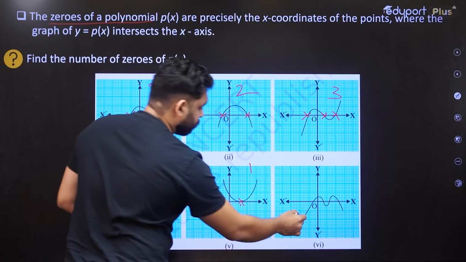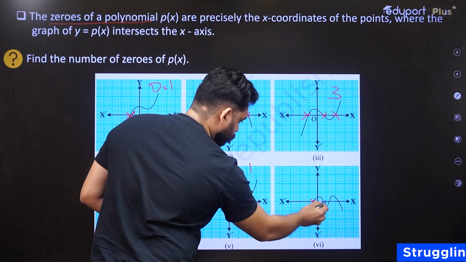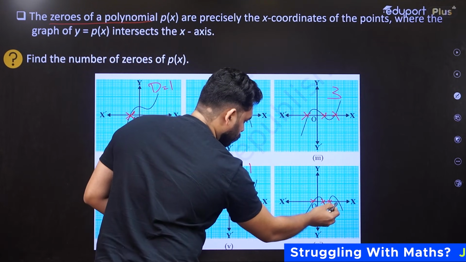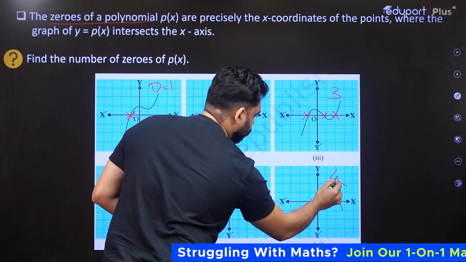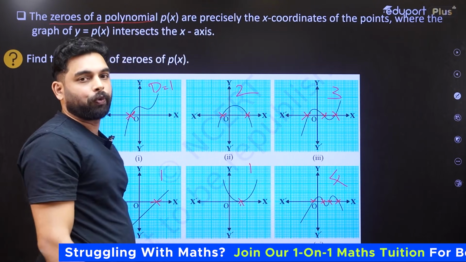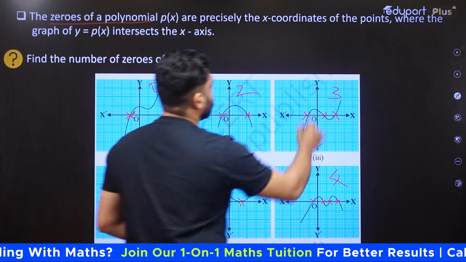Okay, 1, 2, 3, 4. Here the maximum number of intersections with the x axis is 4.